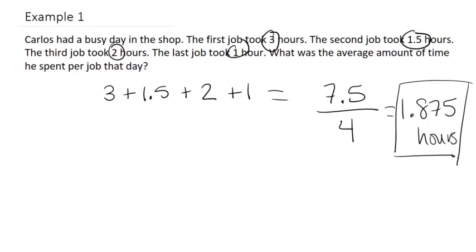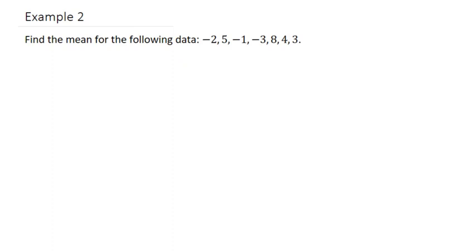So now let's go look at another example. Find the mean for the following data. So here we have numbers that are positive and negative, and so we do the same thing as we've done before, is we just add them up. So we'll get our calculator out.